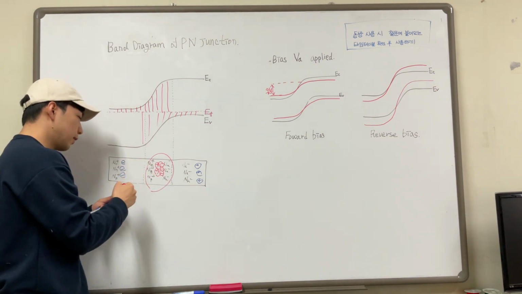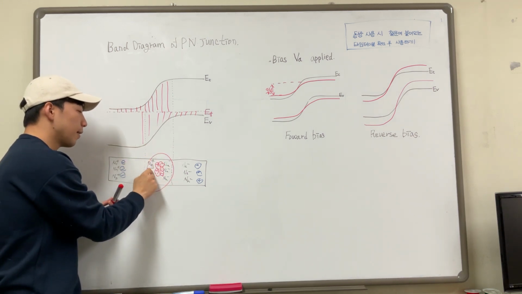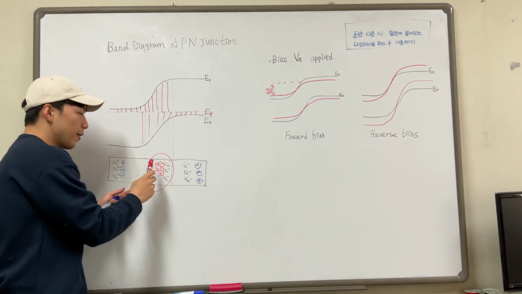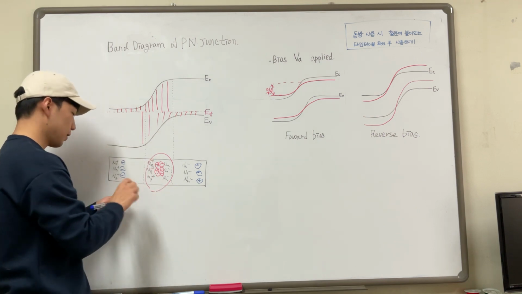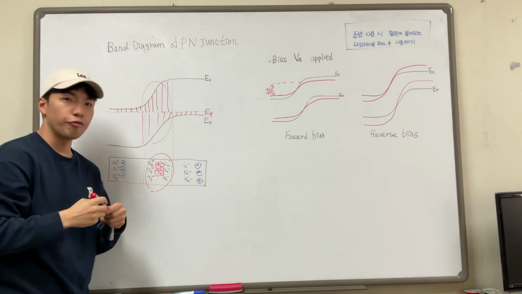So in this position, what is left is only the plus charge of the donor and the minus charge of the acceptor. It is only fixed charge. So we call this section the depletion region.